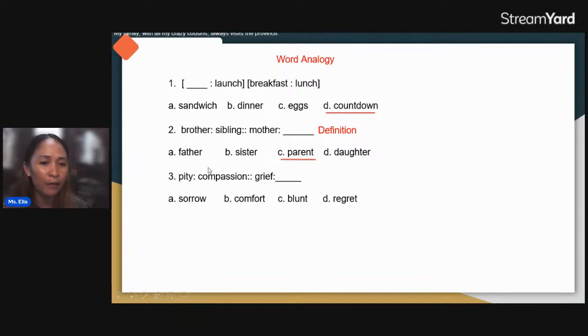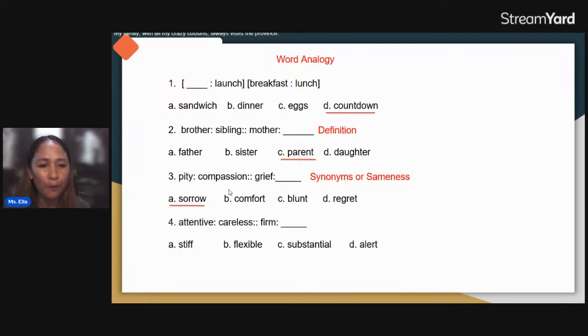Once we see the relationship, we can proceed to grief and find the closest relationship. The answer for number three is sorrow, since it is synonyms, or sameness: pity is also compassion, so grief is to sorrow.